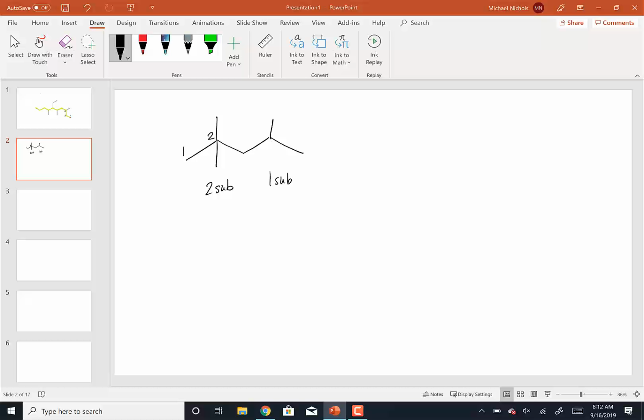In this case, going from 1 and 2, I encounter a substituent. If I encounter 2 substituents versus 1 substituent, 2 wins. Okay, so we would number from this end. So if there's 2 substituents at that first carbon versus 1, 2 wins. That's tiebreaker number 1.